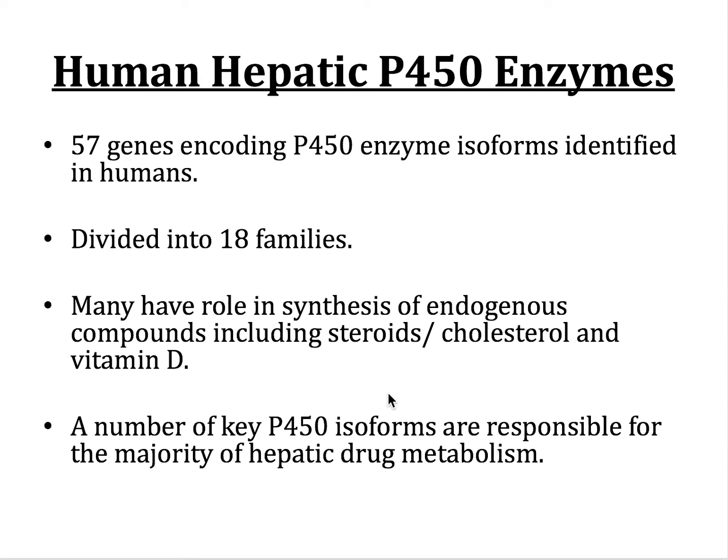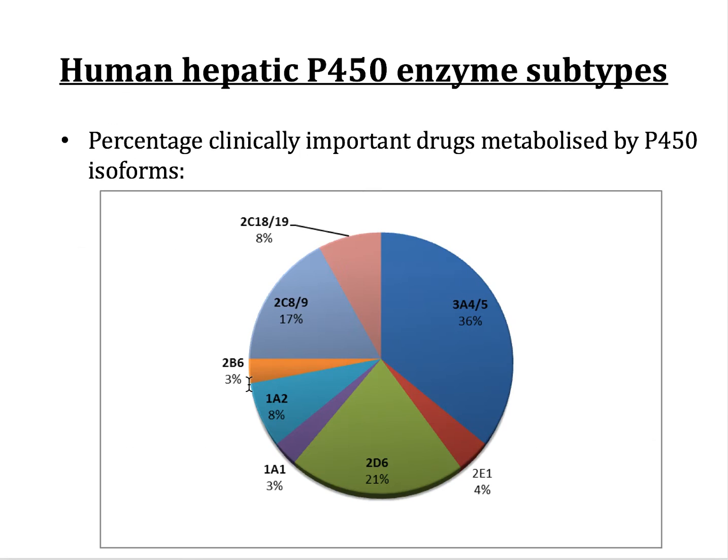Right, so P450 enzymes are usually divided into 18 different families, as you can see here. And a number of key P450 isoforms are responsible for the majority of hepatic drug metabolism.